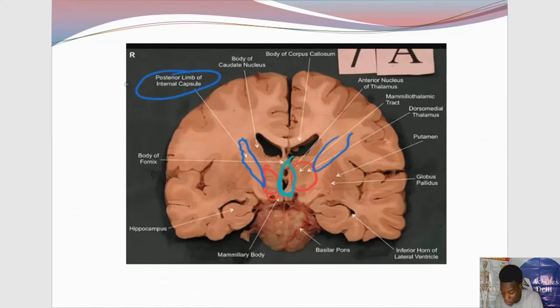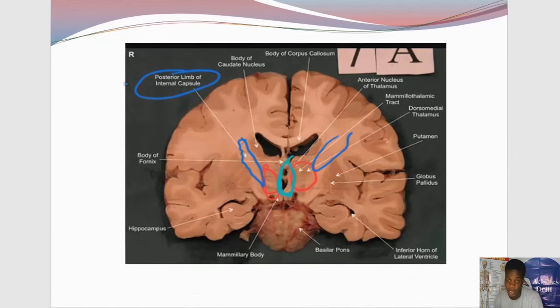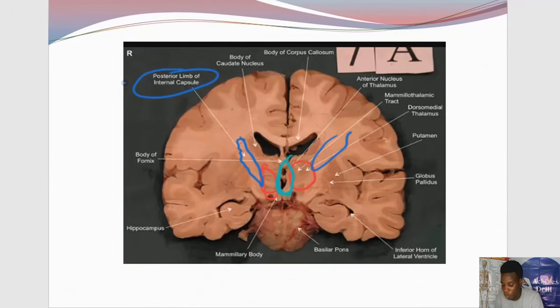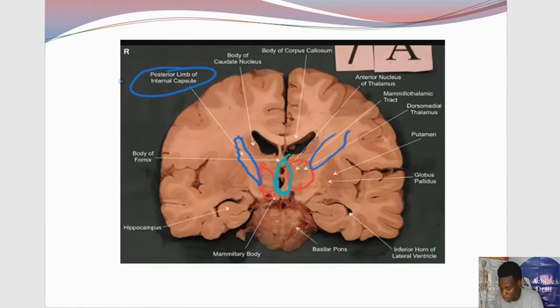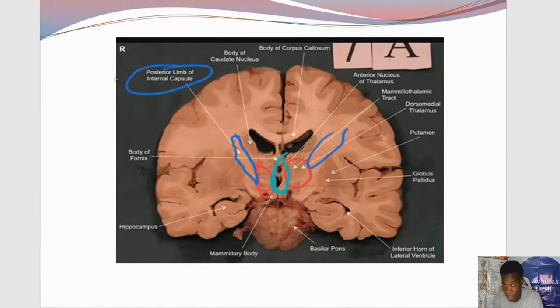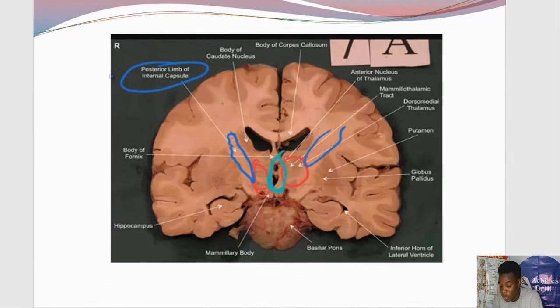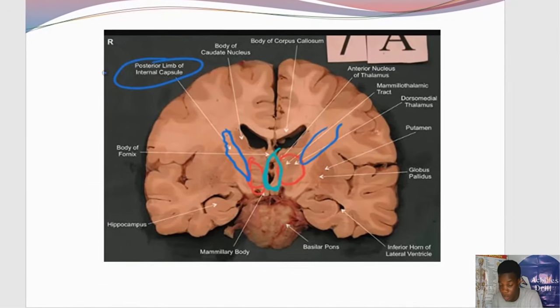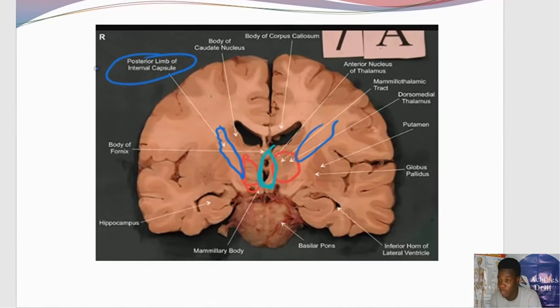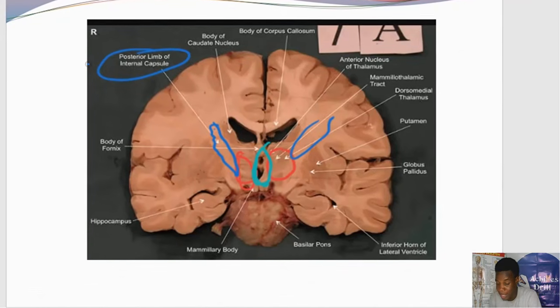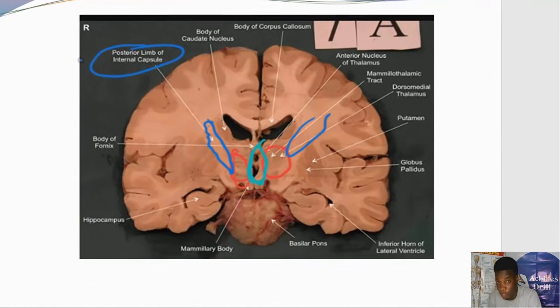Well, here's what I tell my students: if you are not too sure if it's the anterior limb or the posterior limb, it's best to just write the internal capsule, trust me. One thing is, it is better to be vaguely correct than to be specifically wrong. For example, if the part of the internal capsule is meant to be the anterior limb, and in your steeplechase exam you made the mistake of writing the posterior limb, you are being specifically wrong.